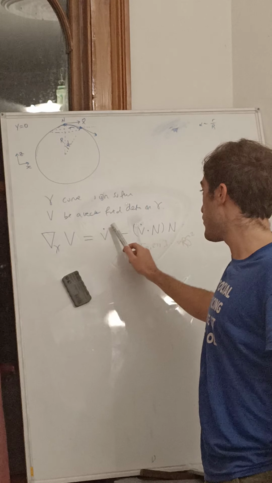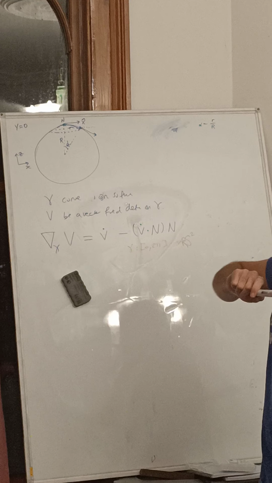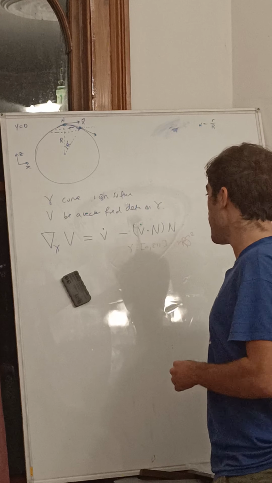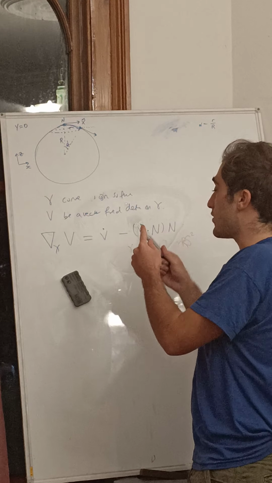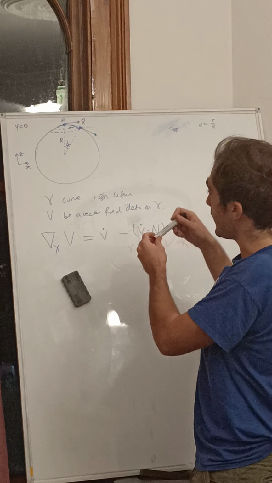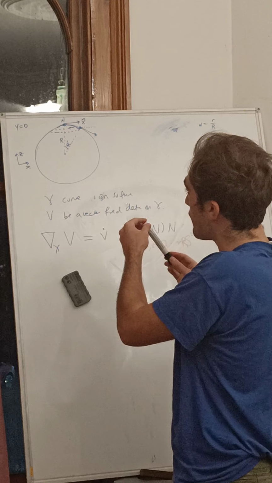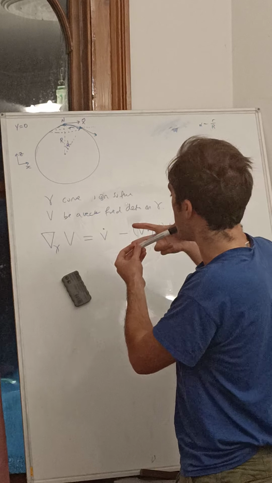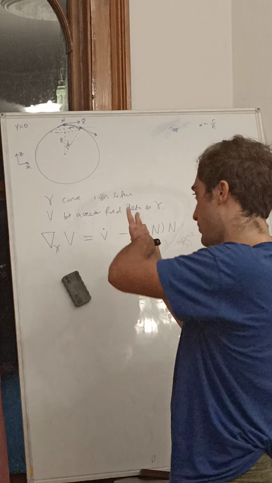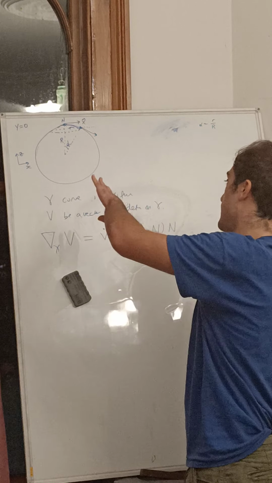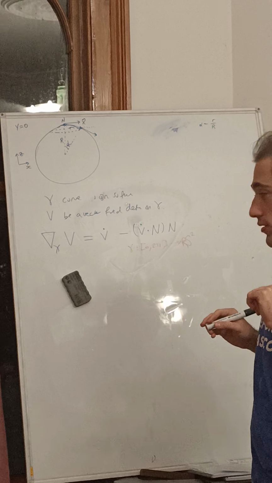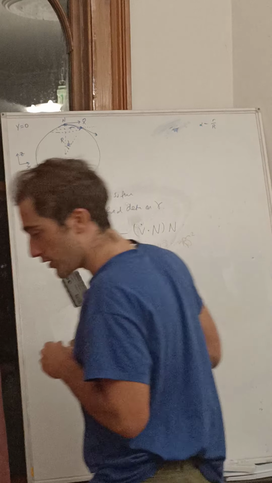So the first thing you do is differentiate this vector field with respect to t, and that would give you a vector in R3 which might have a normal component. So you subtract the normal component in order to project the vector onto the tangent space. So this is what you get.